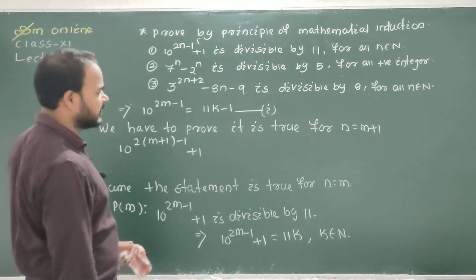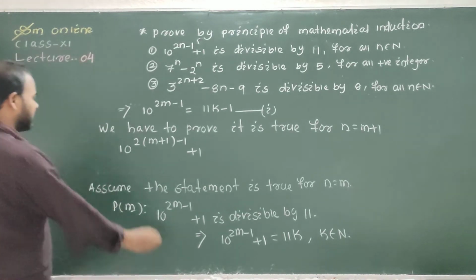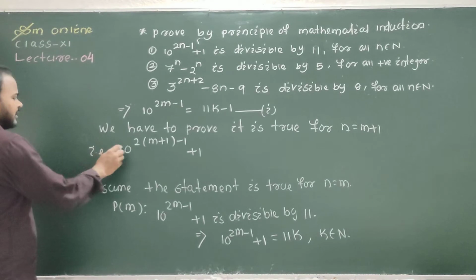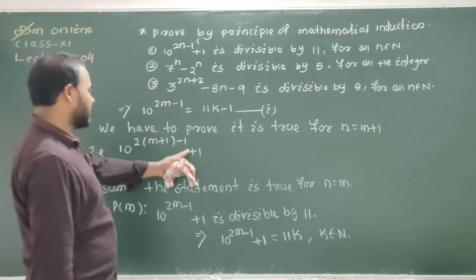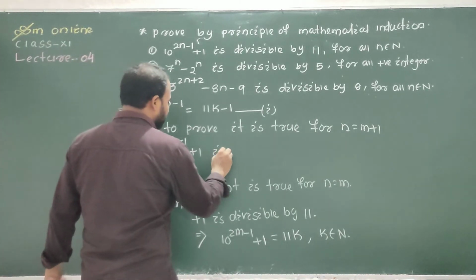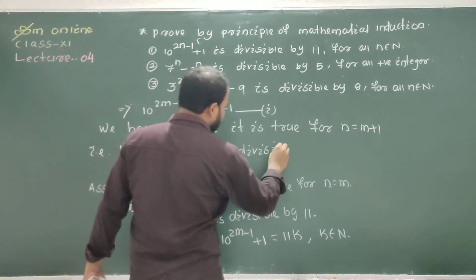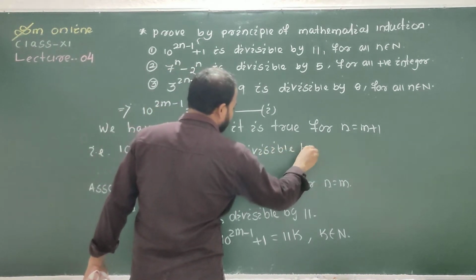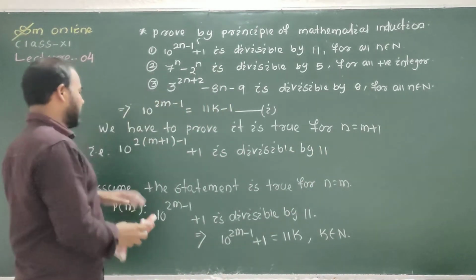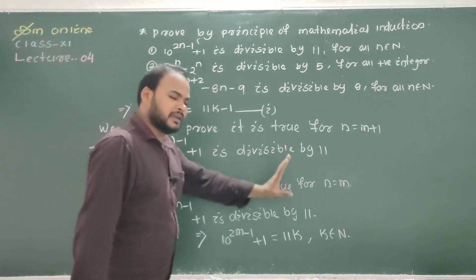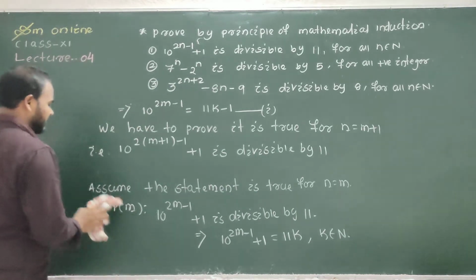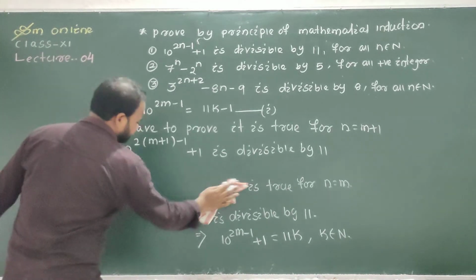We have to prove that 10 to the power 2 into m plus 1 minus 1 plus 1 is divisible by 11. The total term has to be shown divisible by 11.